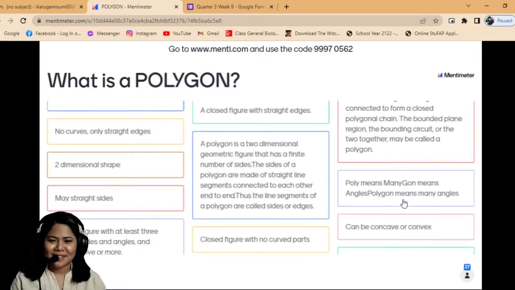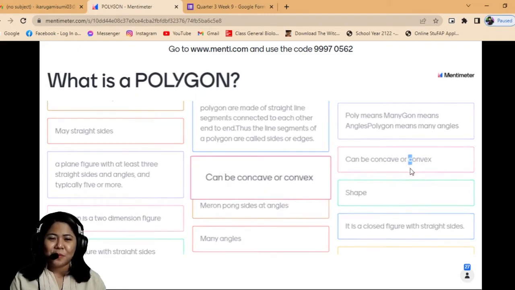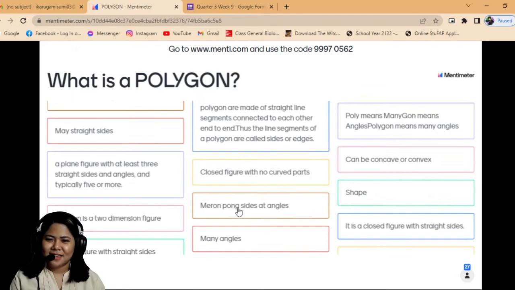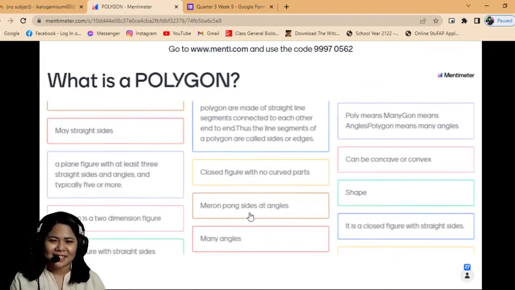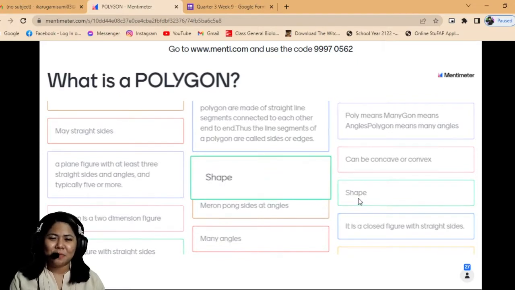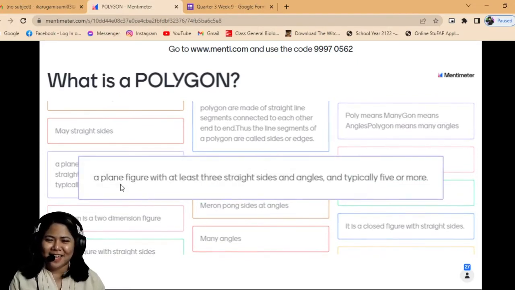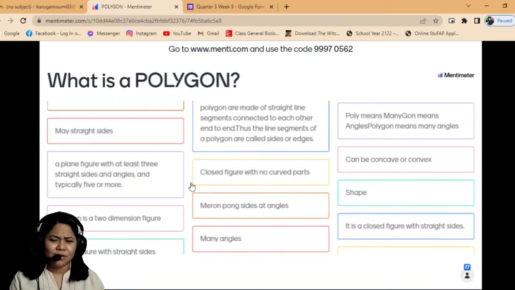Nice. Ano pa? Pwede din daw na maging concave or convex. At ito, meron pong sides at angles. May sumagot din. Ang polygon daw ay isang shape. Sige. Okay. A plane figure with at least 3 straight sides and angles and typically 5 or more.